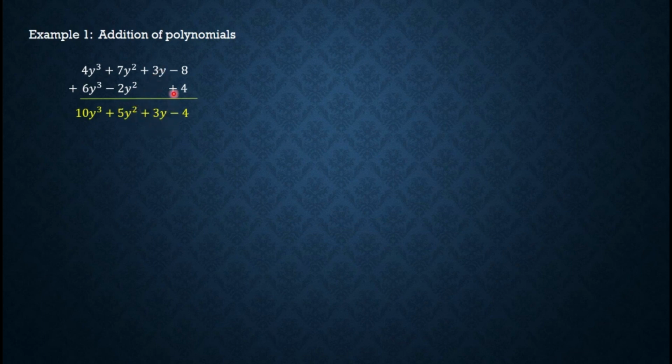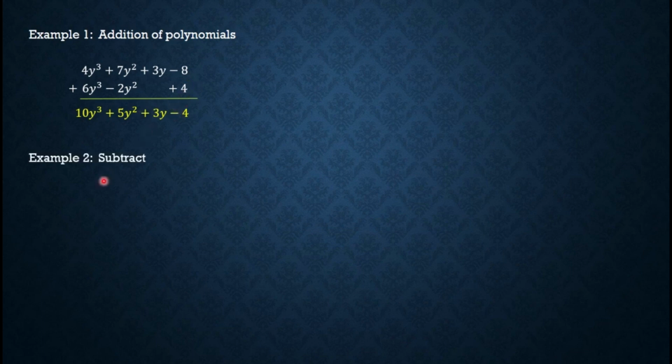Bring down 3y, so negative 8 plus positive 4 is equal to negative 4. So remember the sign: the bigger number decides the sign we choose. Here 7 is bigger, so it should be positive. The value of 8 is bigger and it is negative, so it should be negative.